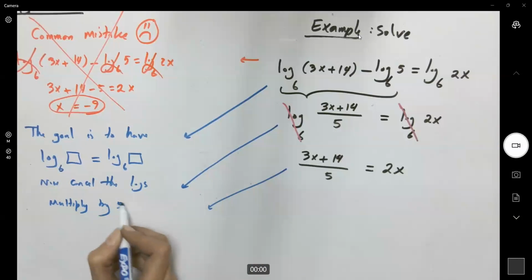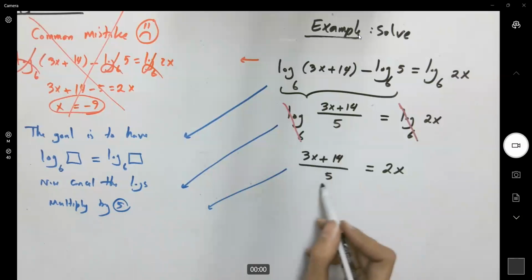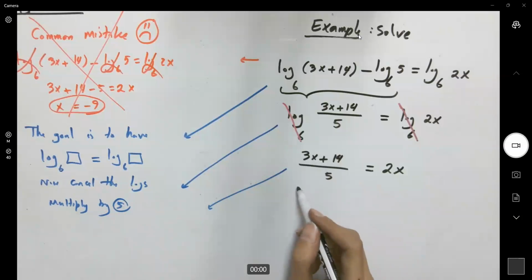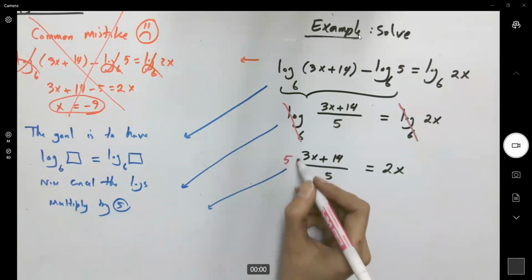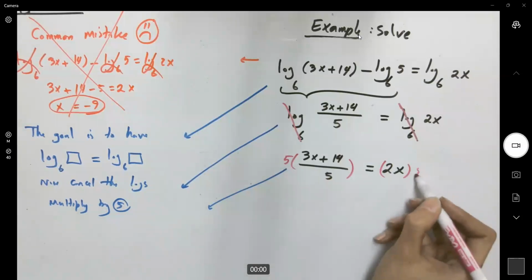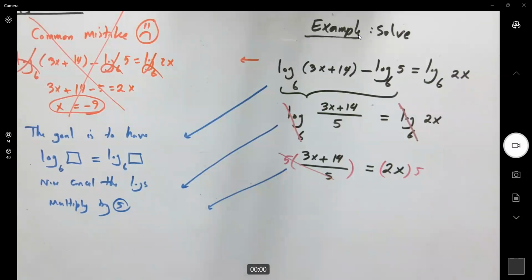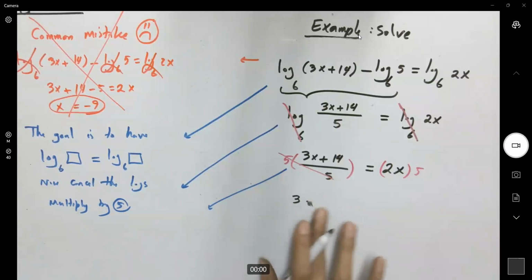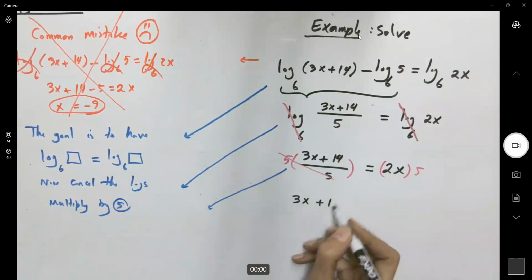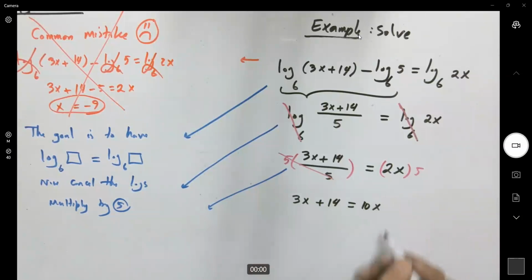If I multiply this by 5, the 5 and 5 cancel out. I'm going to write down the whole thing, not missing any step. What's left? 3x plus 14. On the right-hand side, I'm left with 10x.